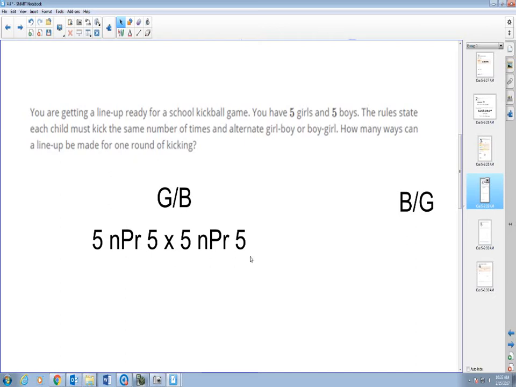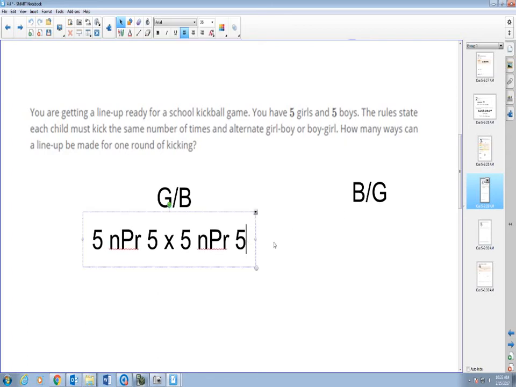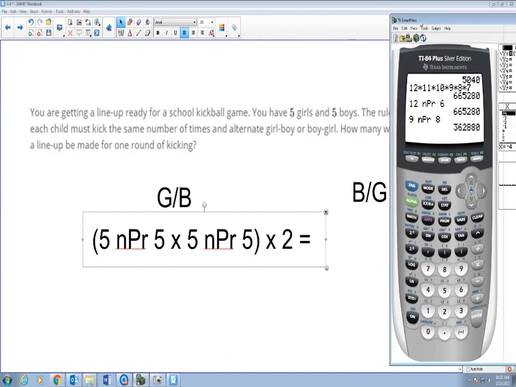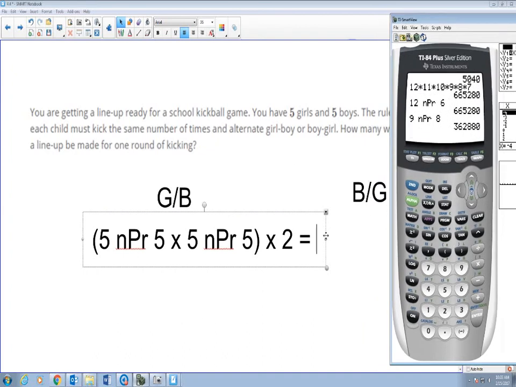Once I figure out the lineup for one way, I can just multiply it by 2, because I've got 2 different alternatives. I times 2 because I have the other method, boys kick first, then girls.